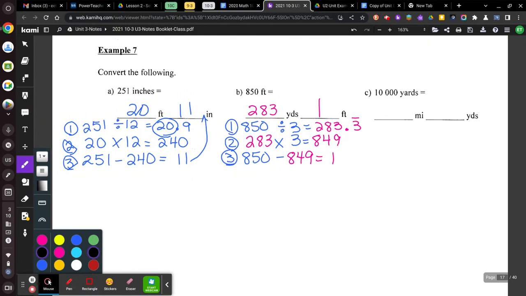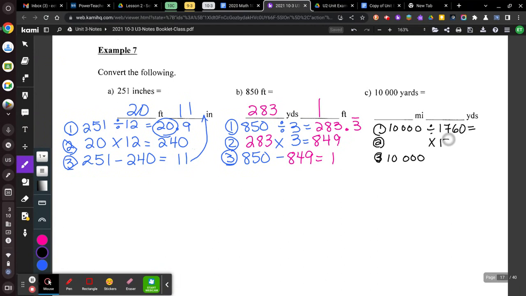Last question. Now we're going yards to miles. So we start with our 10,000. Going yards to miles, we're going to divide by 1760, which means in the next step, I'm timesing by 1760.